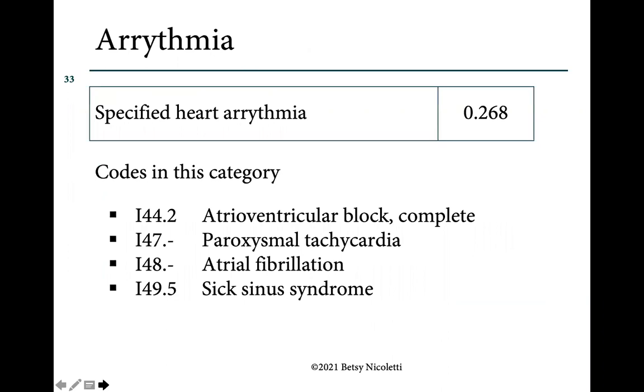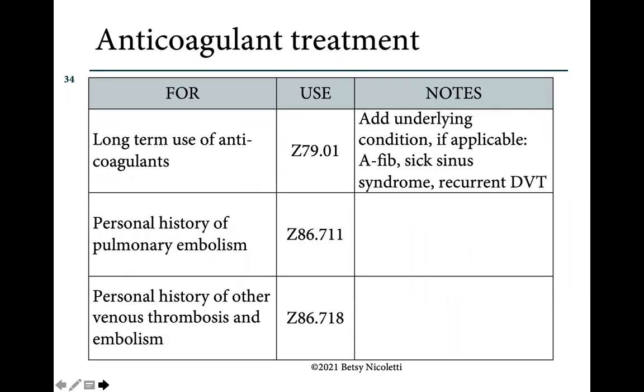Arrhythmias, codes here that risk adjust. And when there's a little dash behind the code, I'm just showing you that it's not the most specific code. Long-term use of anticoagulants. So if you have a patient who is getting a PT/INR ordered, we're going to use long-term use of anticoagulants.